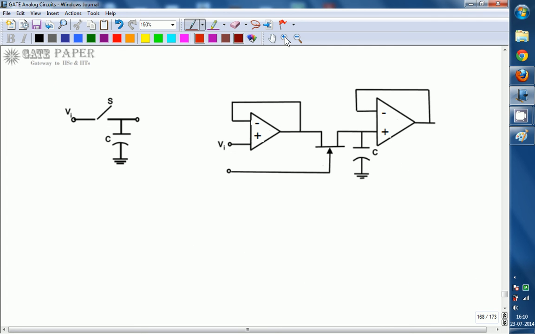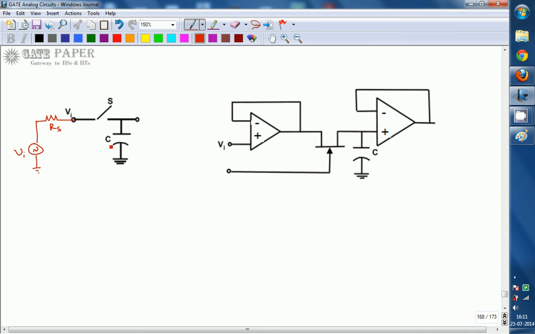Now look at this circuit. The disadvantage of this circuit is this: let us assume the input signal Vi has some source resistance Rs, and I am going to apply the input signal along with it. So this is Vi, applied along with its source impedance.